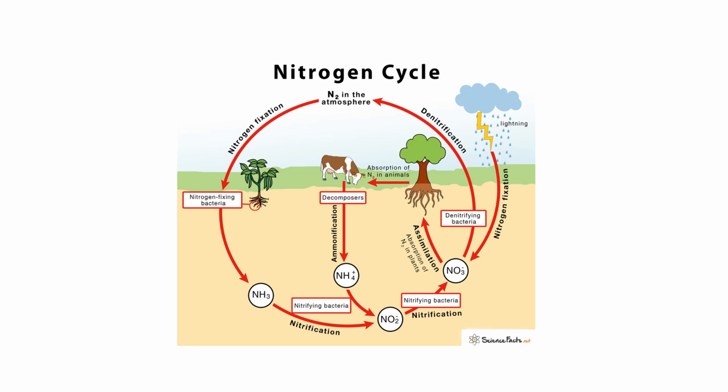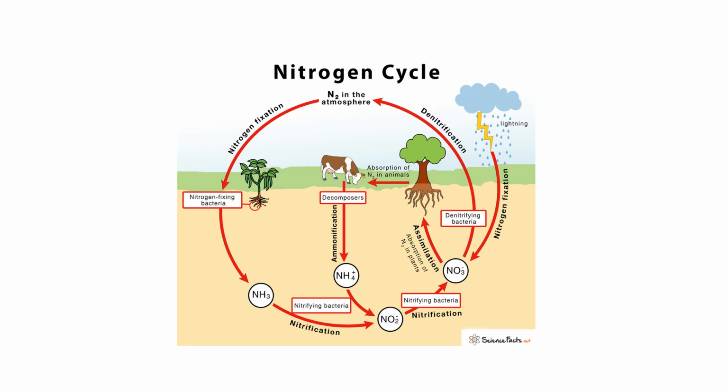And so the ammonium from that side is also converted to nitrites. Now, looking at this side, when lightning occurs during the rain, we have the fixation of nitrogen present in the atmosphere, being converted into nitrite, which can also be assimilated by plants.